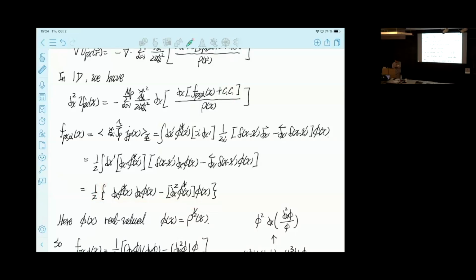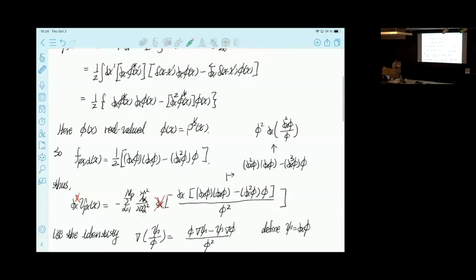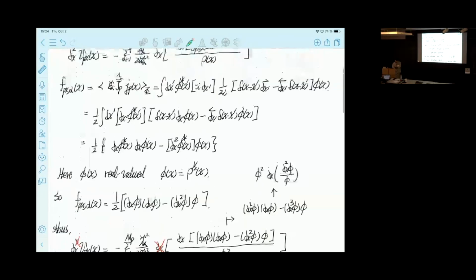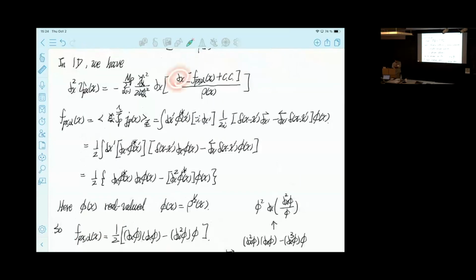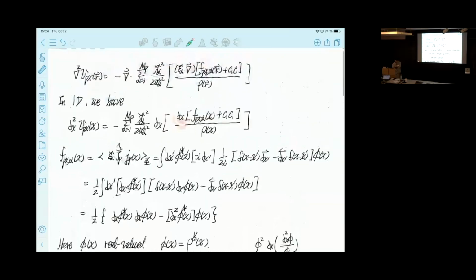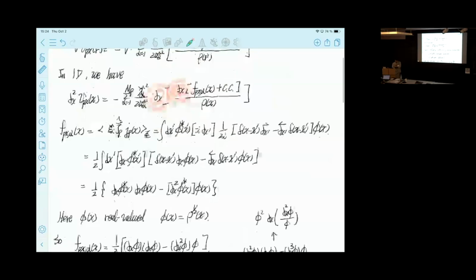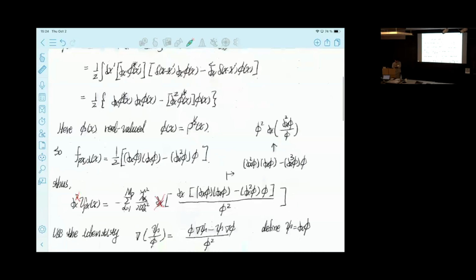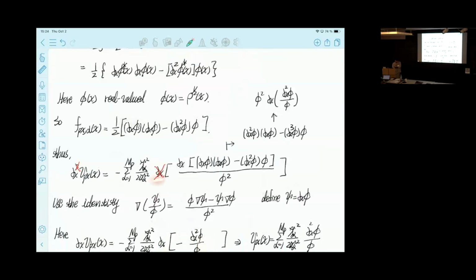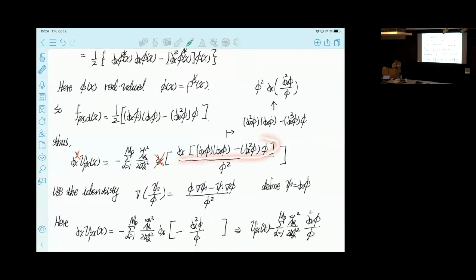At the end of the day, I write down everything here. You notice there's a derivative along x, and this is also a derivative along x. The first thing is that I got rid of this one, and there's a 2, so they disappear. The next thing is that I compute this term. For this term, I take the derivative, and at the end you are going to get this one.